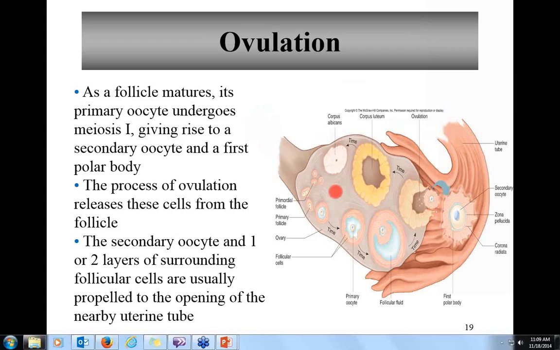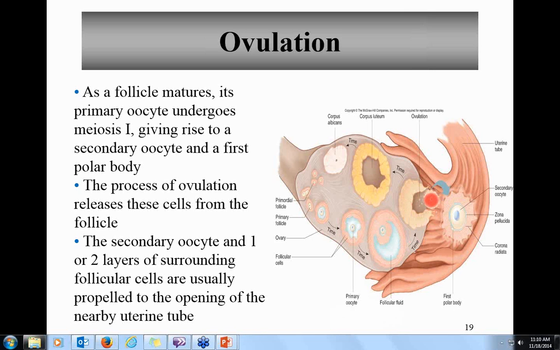Again, notice you have a whole bunch of follicles that continue to grow, the follicle tissue and the egg, or the oocyte. After a while, the primary oocyte is released, which is shown in this one.